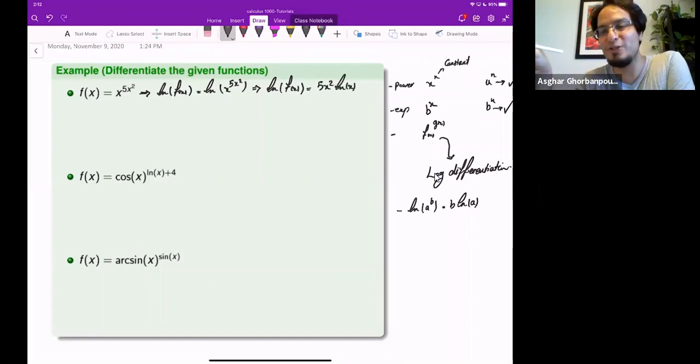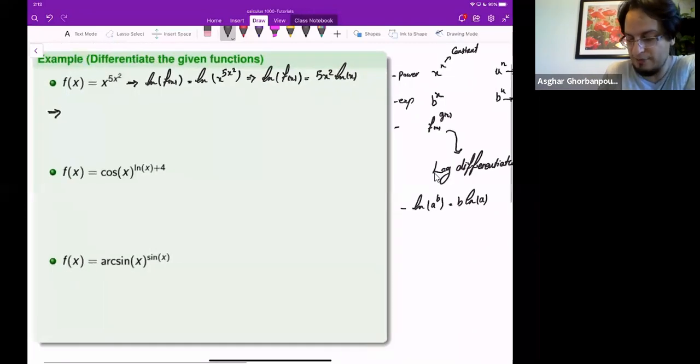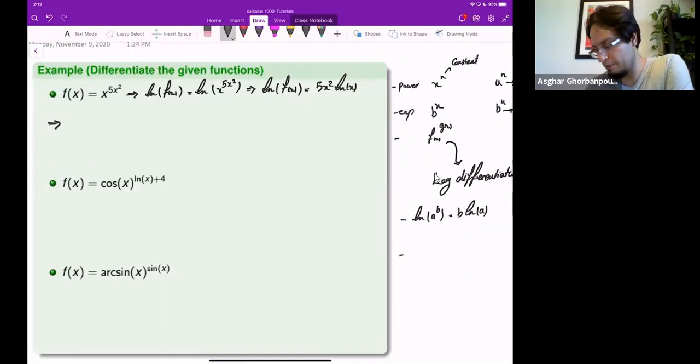When you apply that rule, you don't have any power anymore there. It's just a product of two functions. Then differentiate. Derivative of the left-hand side, derivative of ln of a function. Maybe I recall it here. The derivative of ln x is 1 over x.